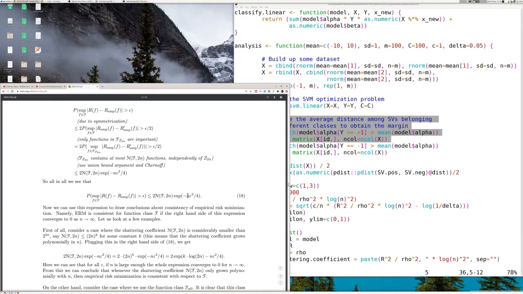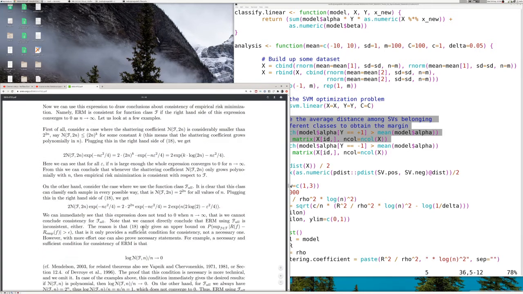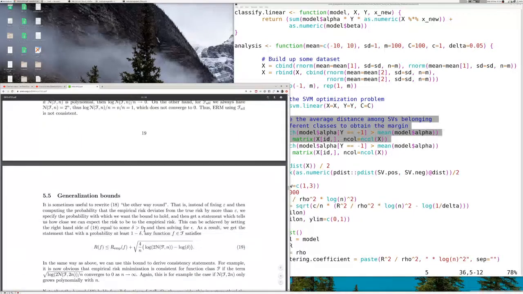So from this formulation, Vapnik decided to call this delta, and he solved this equal to delta for epsilon, and he found this as epsilon.